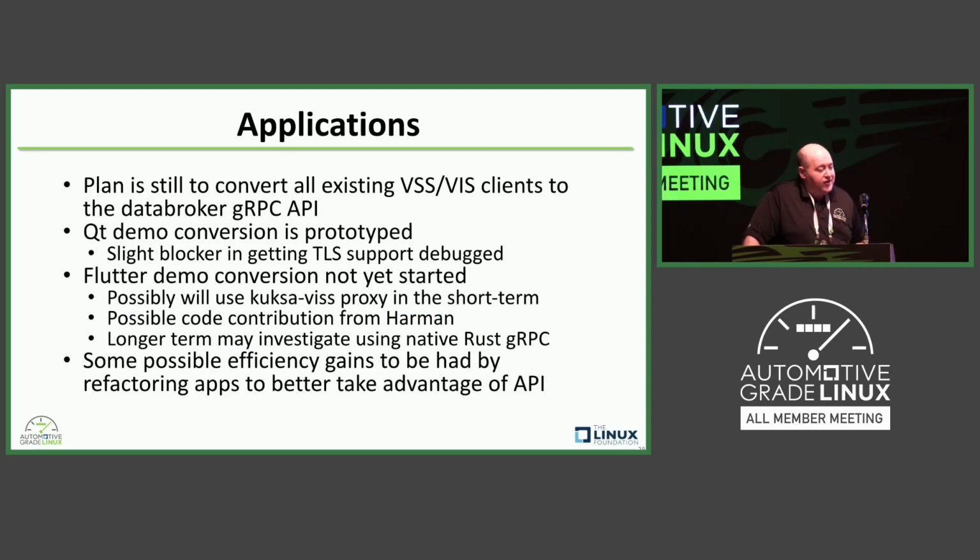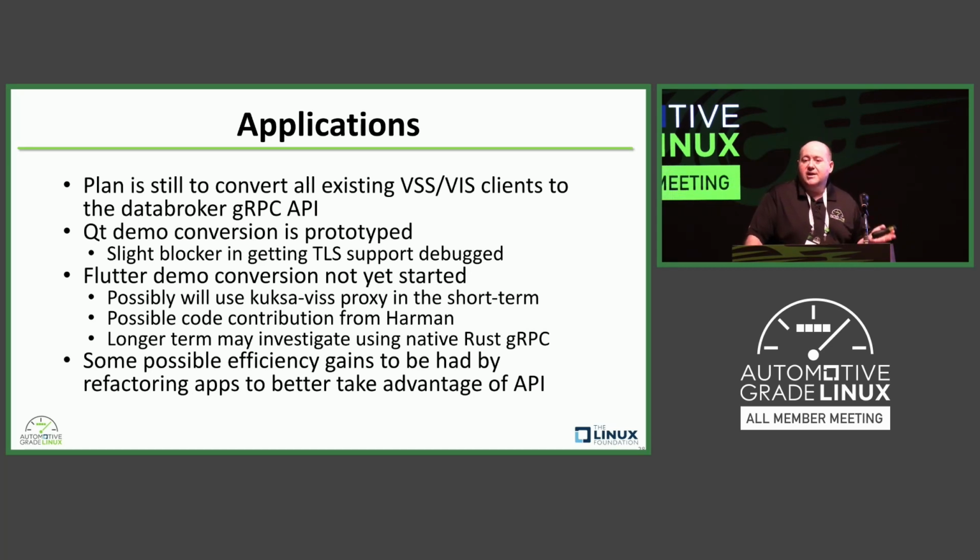On the application front, like I said, we're going to try and get the apps converted to the gRPC API. I do have the Qt demos mostly done. This morning, I figured out my blocker around TLS. The Flutter side is basically still TBD.